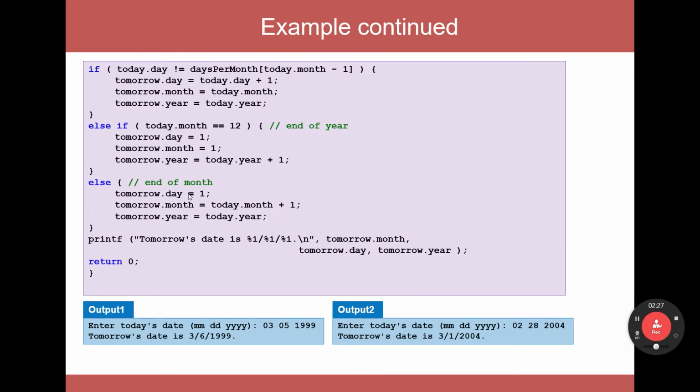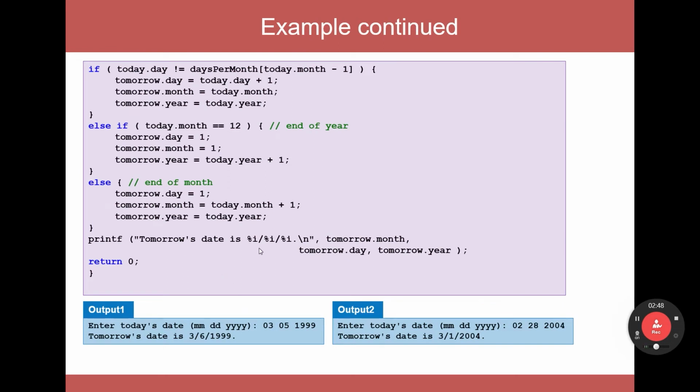If it's the end of the month, we make tomorrow's day 1 and increase the month by 1. Then we print tomorrow's date.